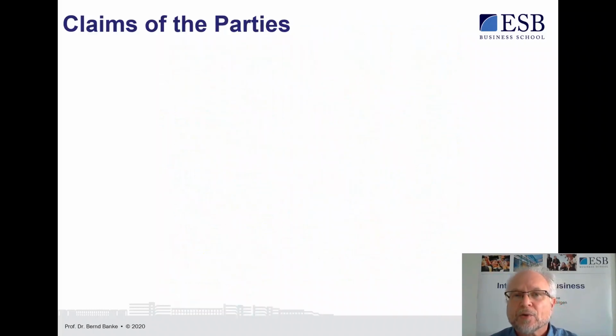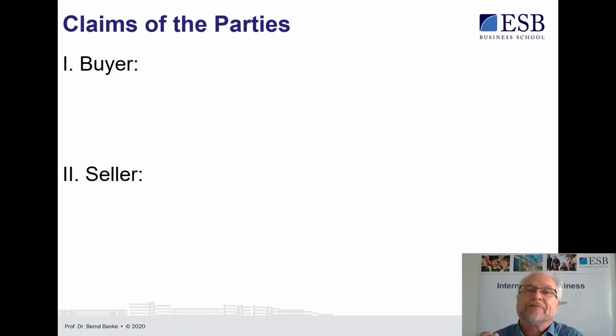And now you got to look through the CISG, and it's a little like in a cooking show right now. I prepared something for you because I thought you would be asking for that. And we look for the claims, and there are two different types of claims. Some for the buyer and others for the seller. That's obvious, and they have different interests. The one wants goods, the other one wants money, so they have to have different claims on that.